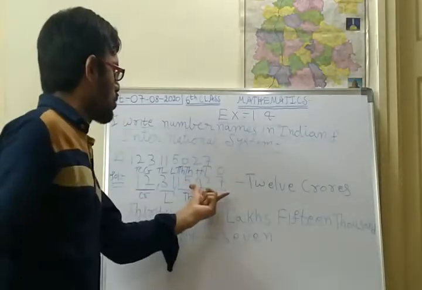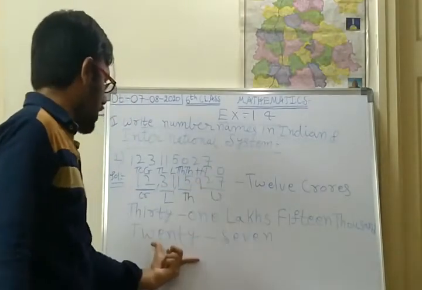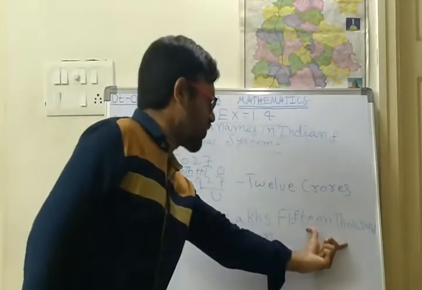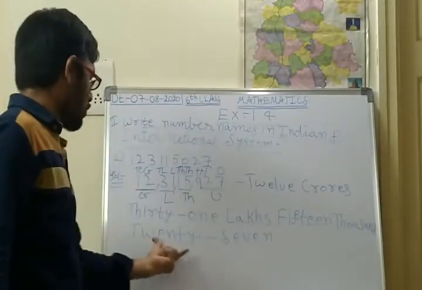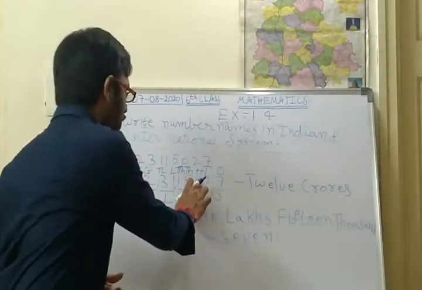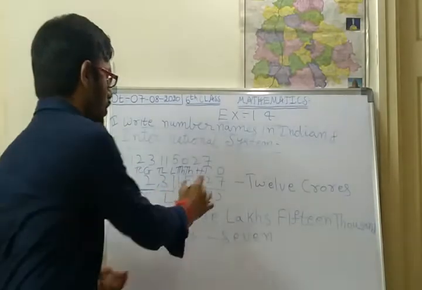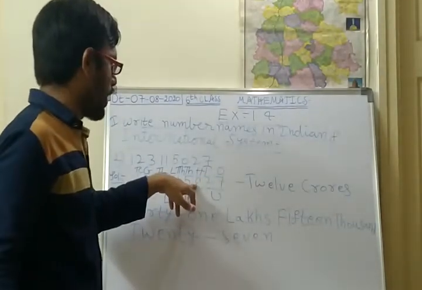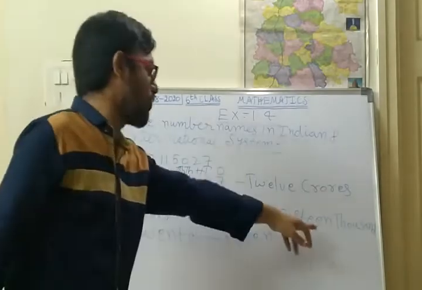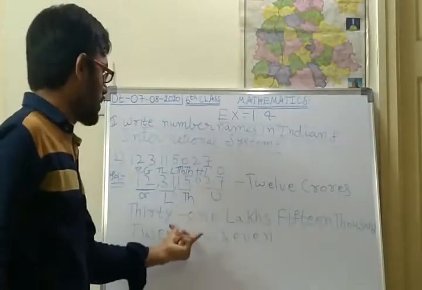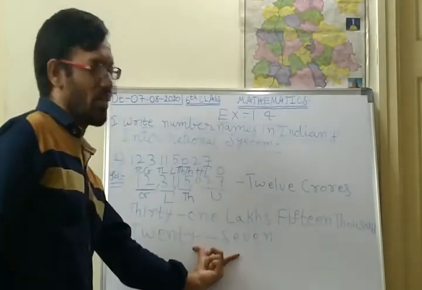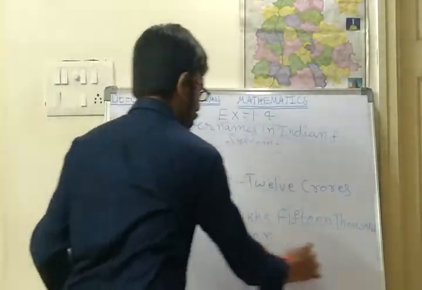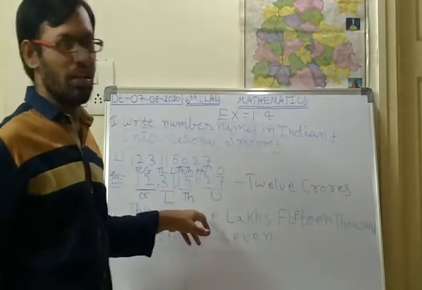Instead of 27, after 15,000 it would come as 15,927. Here the number is 0, so we are skipping 0 from the hundreds place, and directly after thousands we write the tens and ones place, 27. Like this you have to write the Indian system of numeration number name.